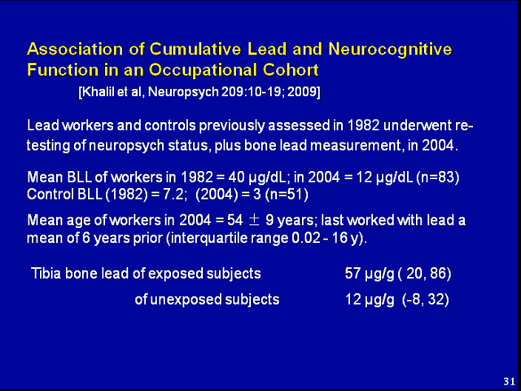The controls had a blood lead concentration of 7.2 in 1982, and it had fallen to 3 in 2004. And the bone lead measurements of the exposed workers were almost 5-fold higher than those of the unexposed subjects, which is not surprising because these individuals had a long history of working in the lead industry.